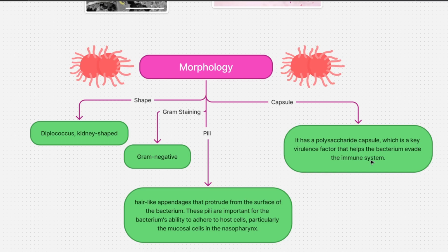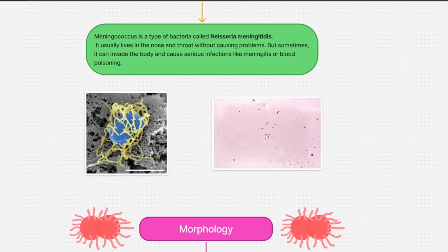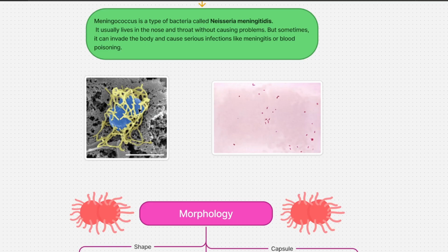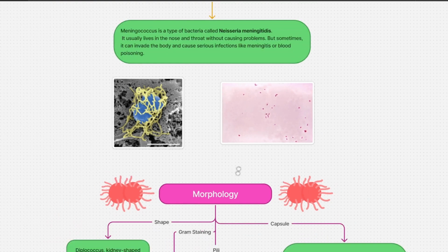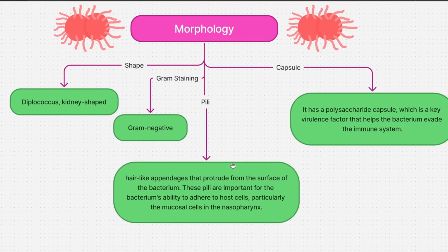It also has hair-like appendages called pili. You can see there are so many of them. They're the yellow threads around it, and they protrude from the surface. And these pili are important for the ability to adhere to host cells.